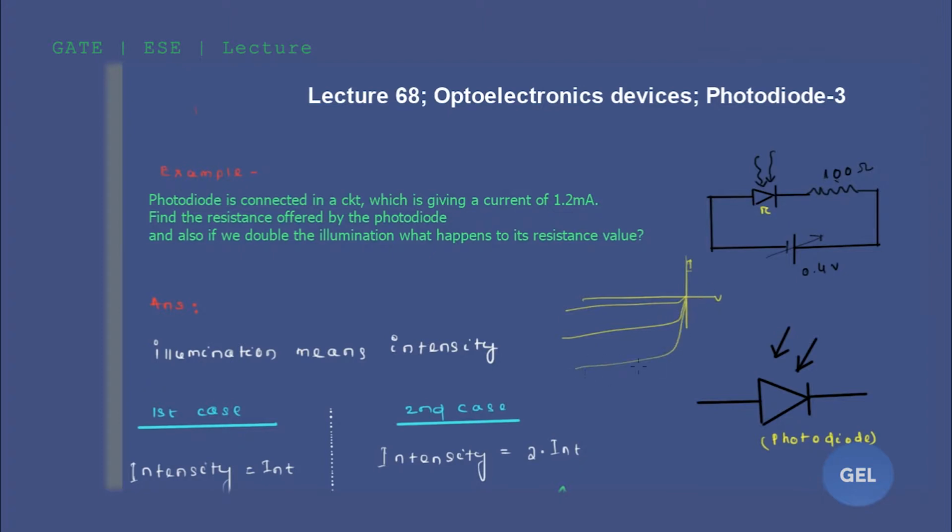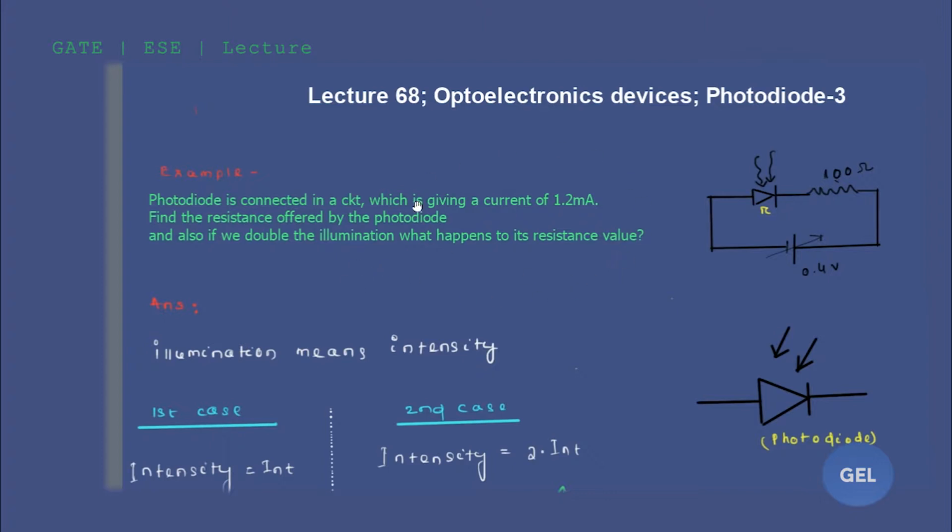Again, if you increase the intensity, the current value increases. Why is current increased? Because current increases only when the resistance value decreases. When resistance decreases, that is how your current is improving. So if you are doubling the illumination, obviously the resistance value will decrease.